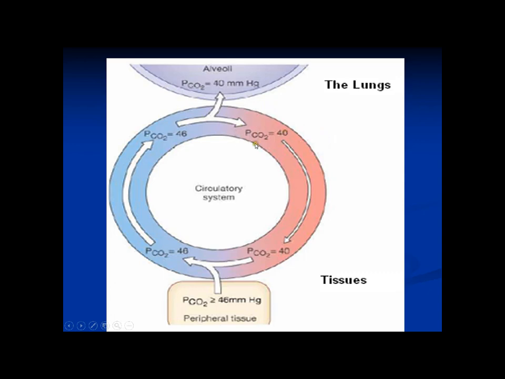As far as the quantity of carbon dioxide is concerned, in the arterial blood it is about 48 milliliters per 100 ml of blood, that is, 48 ml of carbon dioxide per deciliter.